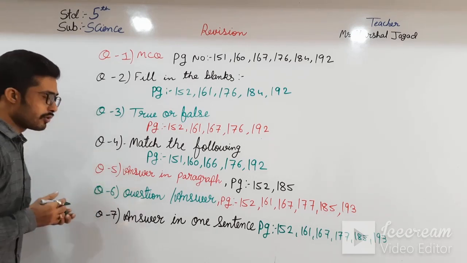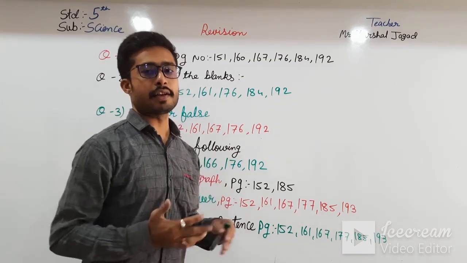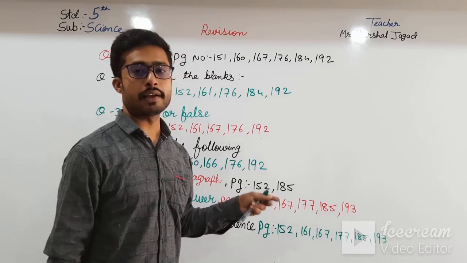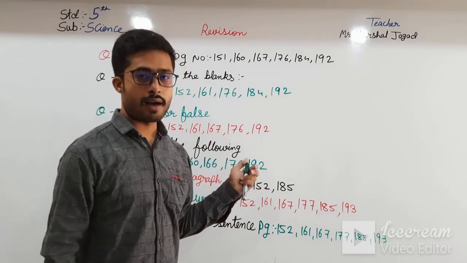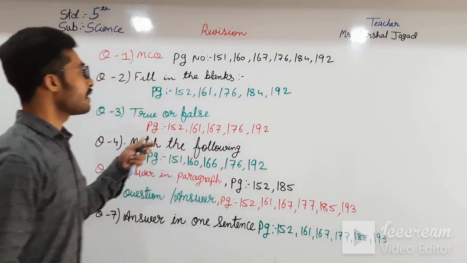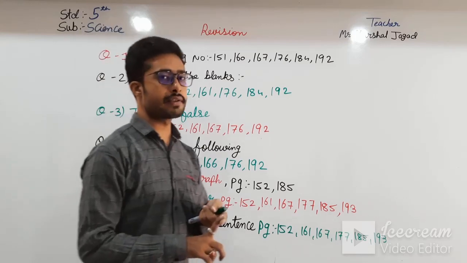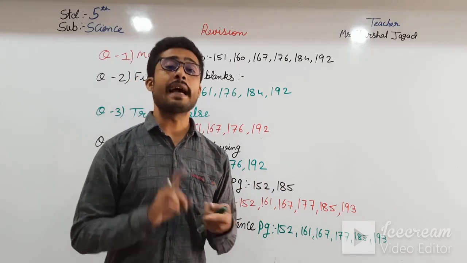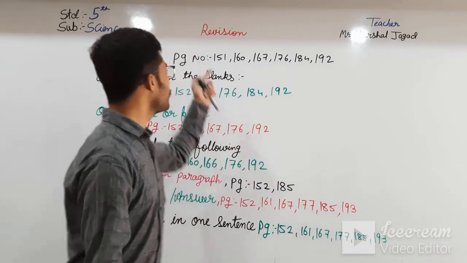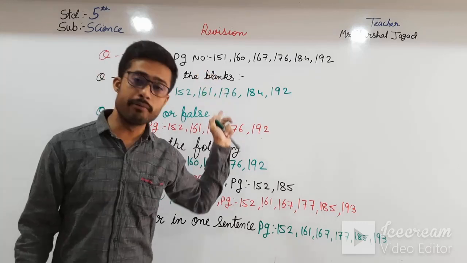Okay students, so you have to think something extraordinary so that you can find the questions for 1 mark and 2 marks. Okay students, this is all your paper pattern and I have given the page numbers, but 98 to 99% I have taken from these page numbers which I have given you.